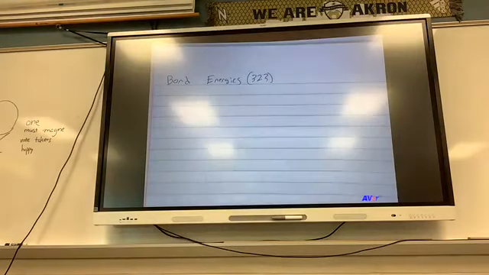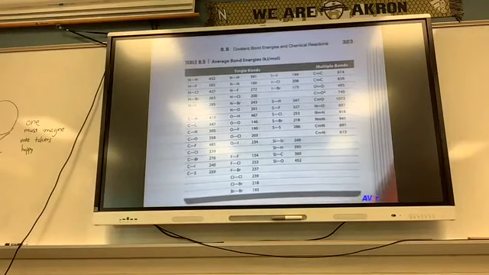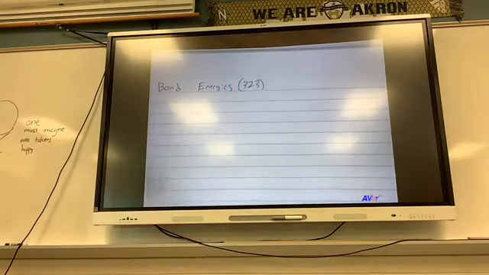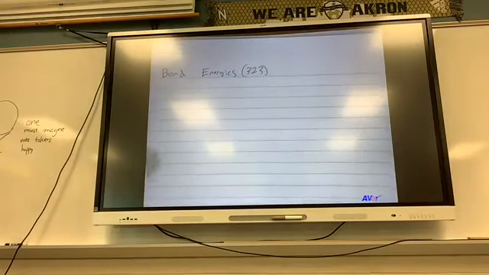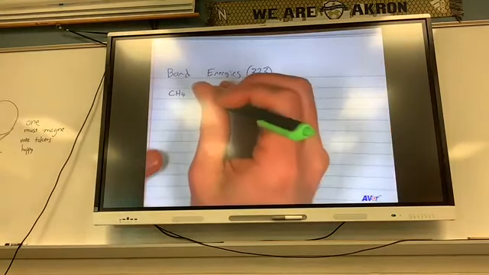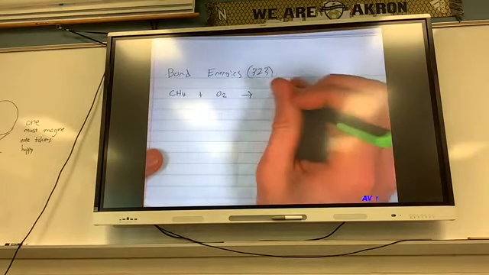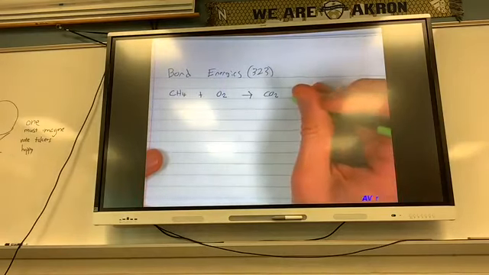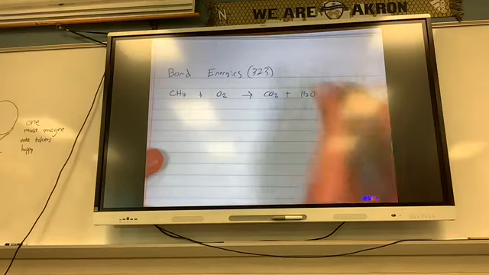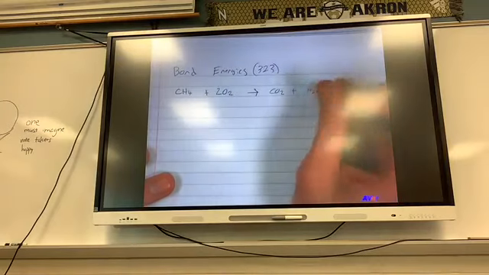So that's my bond energies. I'm going to give you an equation, something like this: CH4 plus O2 yields CO2 plus H2O. Step 1, balance it. So I'd have to put a 2 here, 2 there.